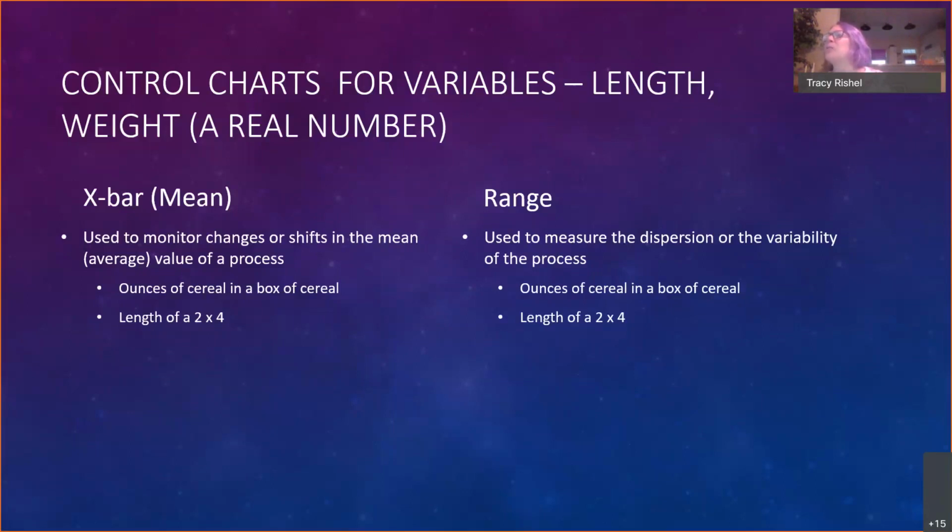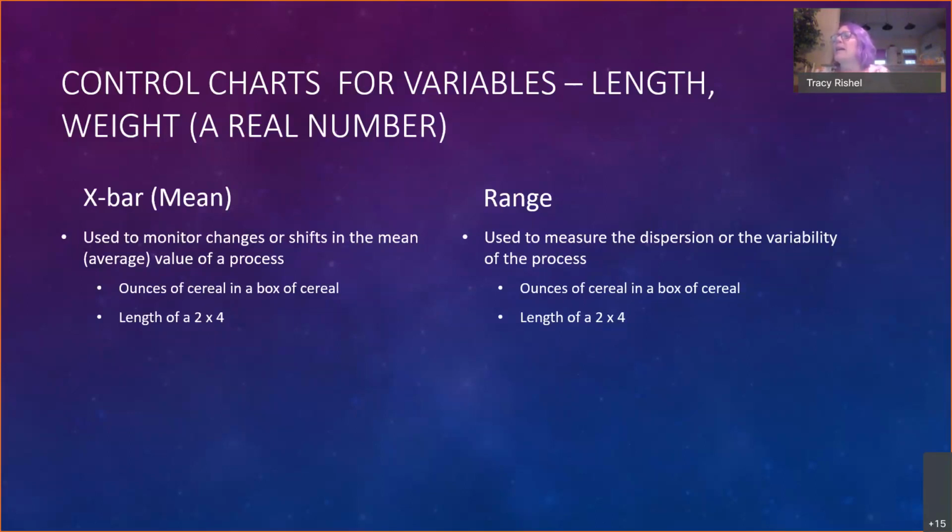In other words, the precision depends on how many decimal places we go out, okay? So there's two control charts that we can develop for variables: an X-bar or a mean chart, and a range chart. These actually are used in conjunction with each other. It's not typically either or, it's both of them we use together.